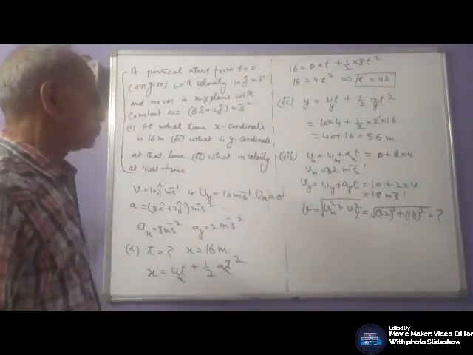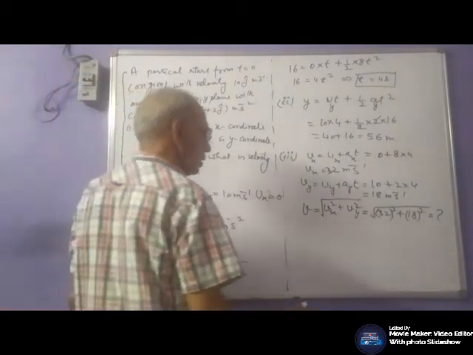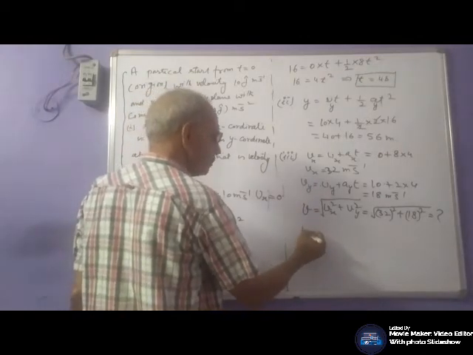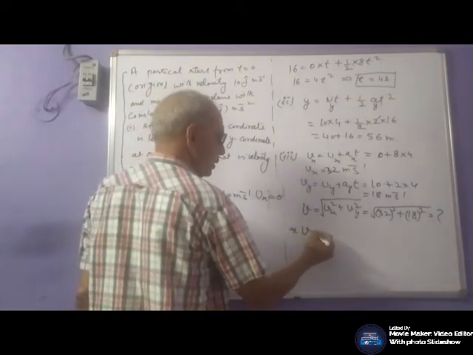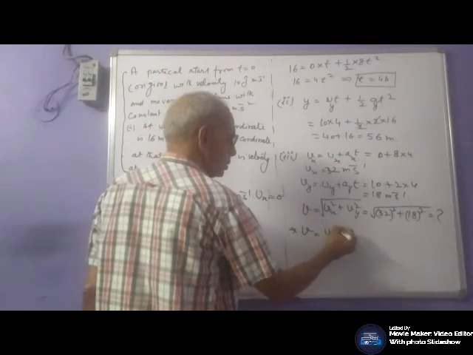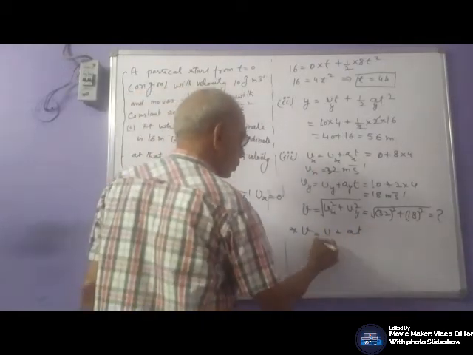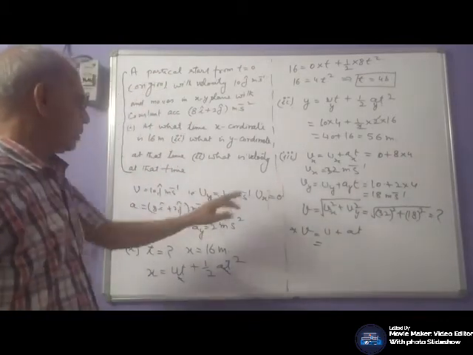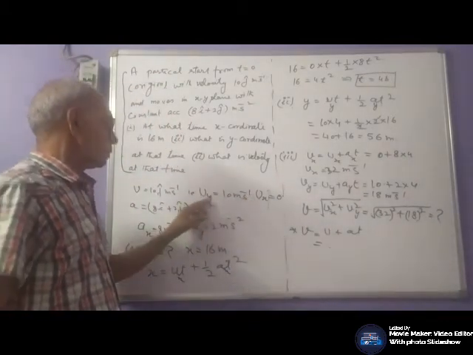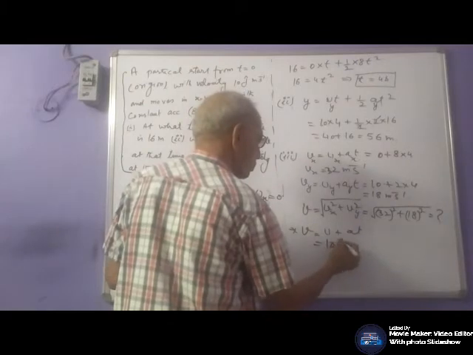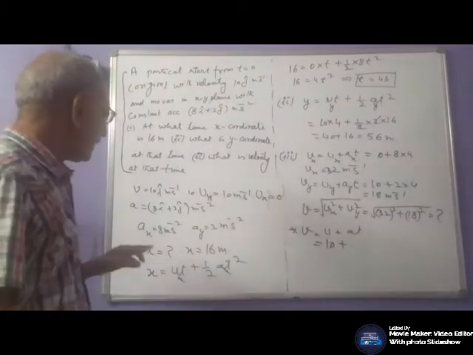Or directly, v is u plus at. What is u? This is 0, this is 10. What is a?